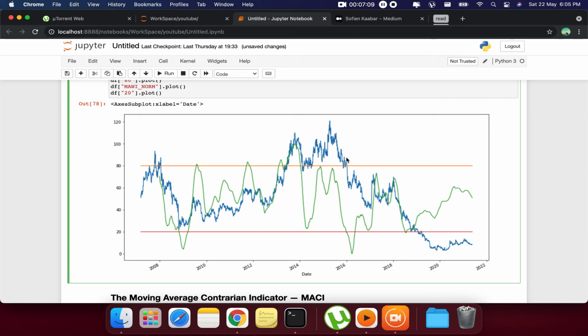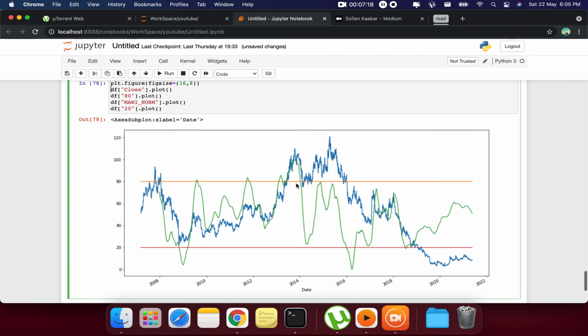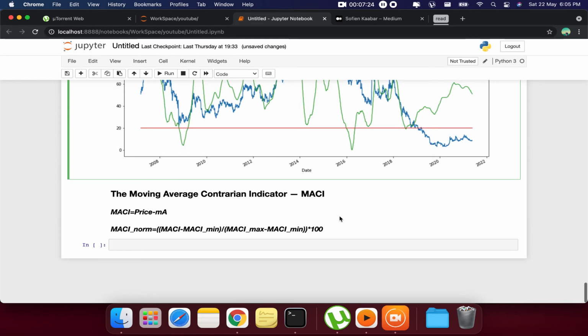When the bearish trend started, it already gave us the signal that it is going bearish. So this one, as seen, is pretty good for both our trend analysis and for generating signals.